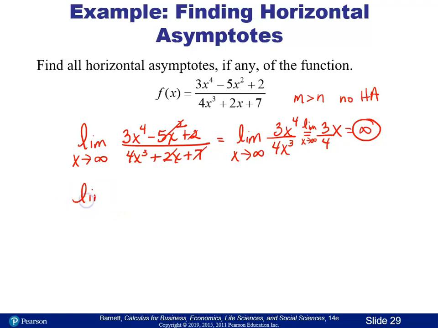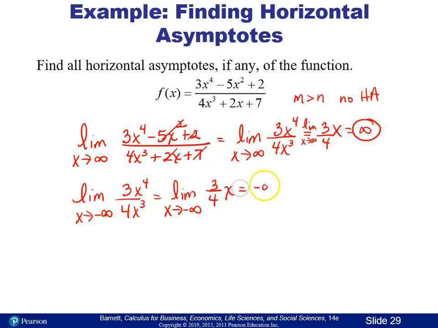If I look at the limit as it goes to negative infinity, same idea here. It's going to reduce down to this ratio. So the limit as x goes to negative infinity of 3/4 x is going to be negative infinity. So what happens is we have no horizontal asymptote.